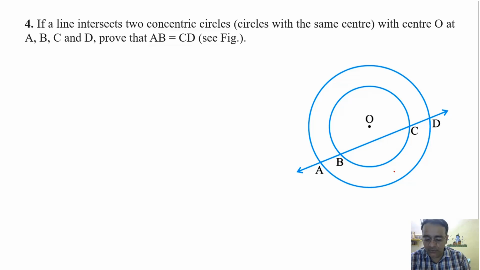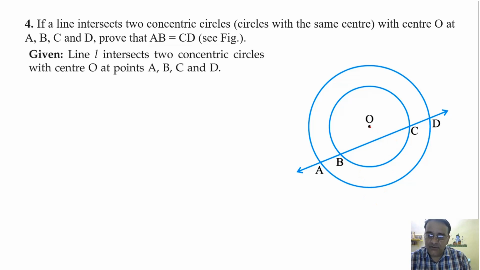So what we will do, we will draw one perpendicular from O to this chord. So this is perpendicular. And we know that perpendicular from the center to chord bisects the chord. So we'll take this point as L. So BL is equal to CL for this circle and AL is equal to DL for the outer circle.